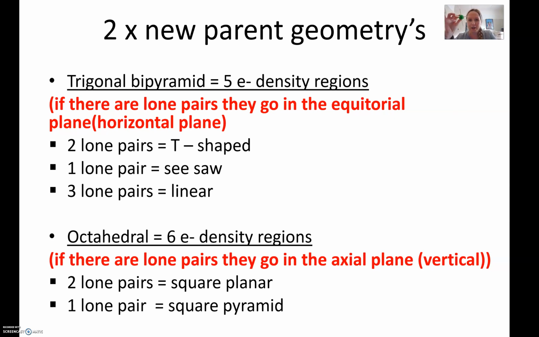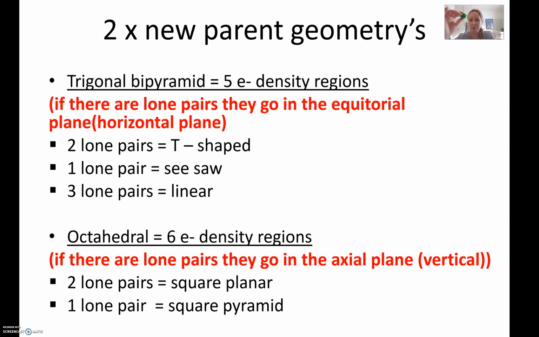So the difference between this parent geometry, which is called octahedral, by the way, and the reason why it's called octahedral is if you covered in the faces with bits of paper, it would make an octahedron. And so this time, instead of the lone pairs going in the equatorial plane, the lone pairs this time are going to go in the axial plane.